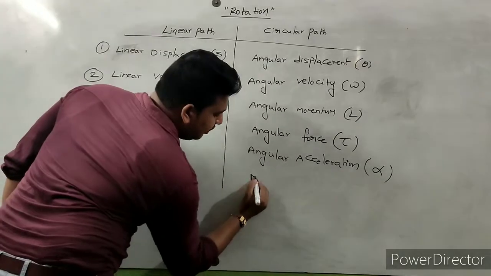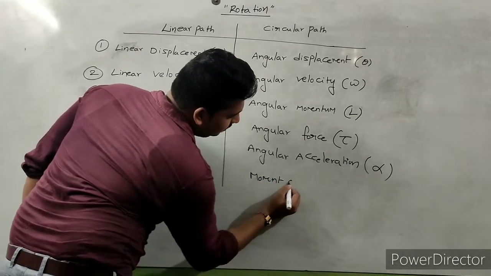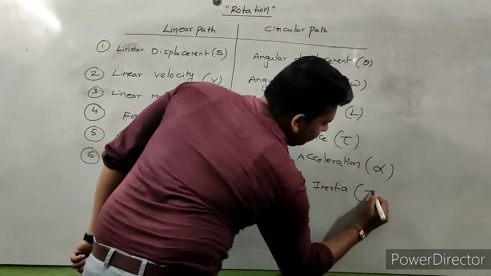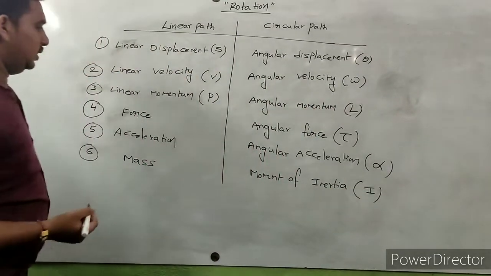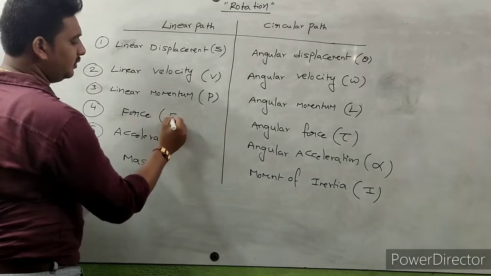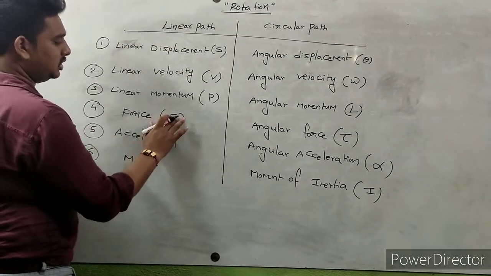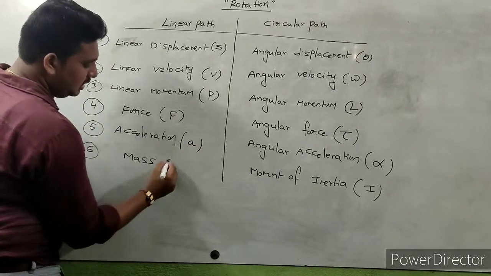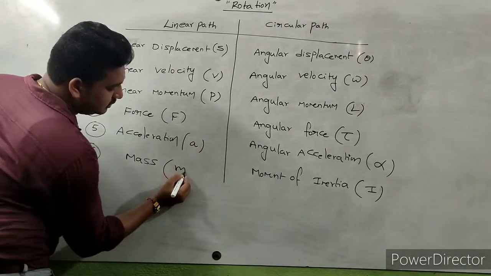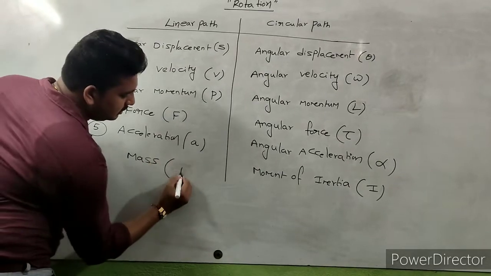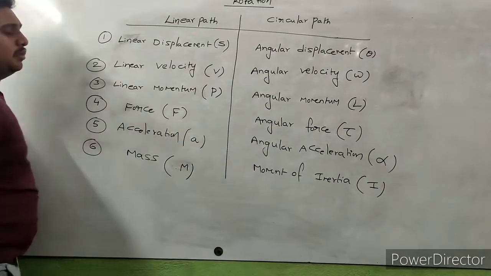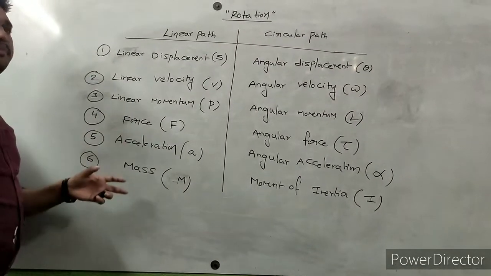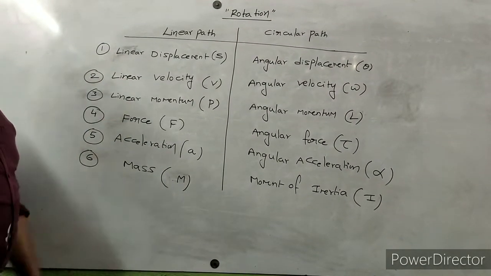Here we call it moment of inertia, I. Force is indicated with F, angular force with tau, acceleration with A, and mass with M. Here it is indicated with the moment of inertia I. So these are some important parameters.